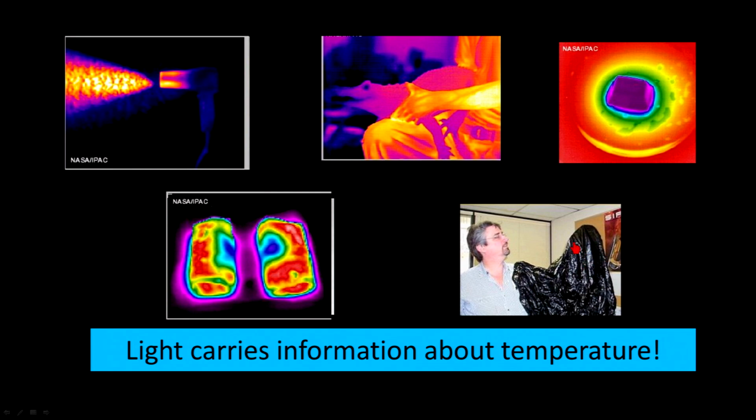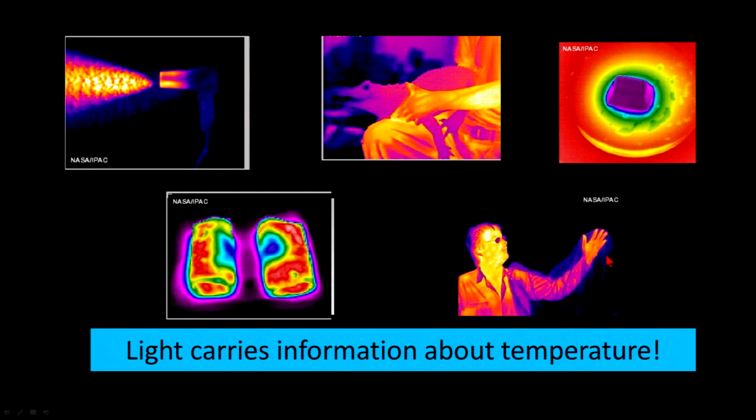It blocks visible light. But what we know is the trash bag is transparent to infrared light. So the infrared light coming from his arm and his hand based on his body temperature, that infrared light is able to pass through the trash bag, and it's as if the trash bag isn't even there. So the point is sometimes by switching to a different wavelength, we can see through something that might otherwise block our view. Kind of cool.